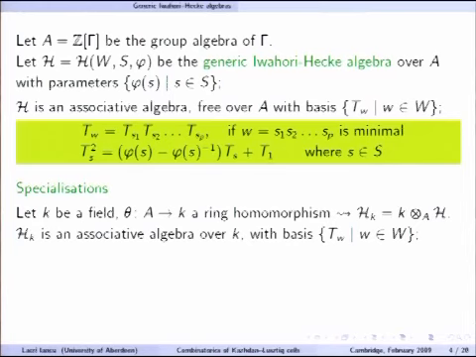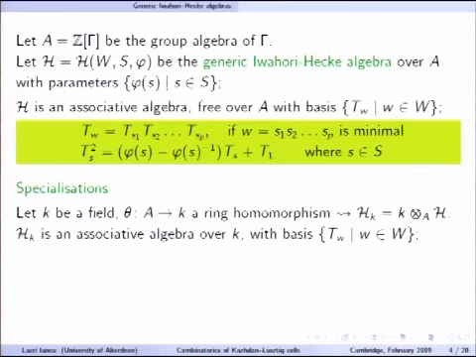Now the advantage of having such a generic object is that then you can think of specializations. So if small k is any field and theta is a ring homomorphism, then of course you can construct H sub k by extending the scalars. And well, it has similar properties.